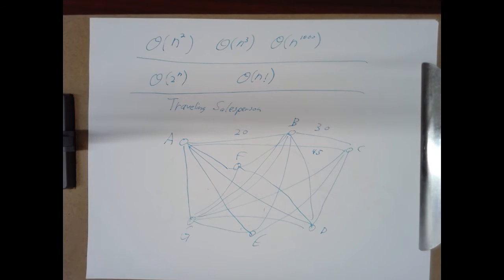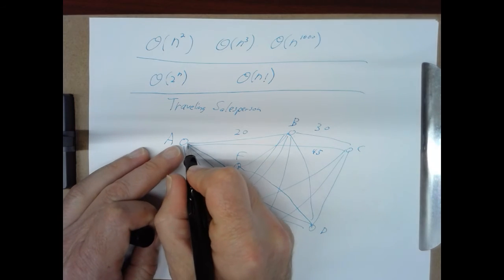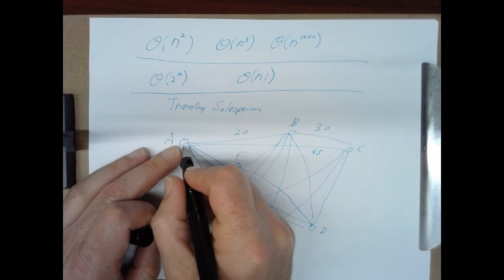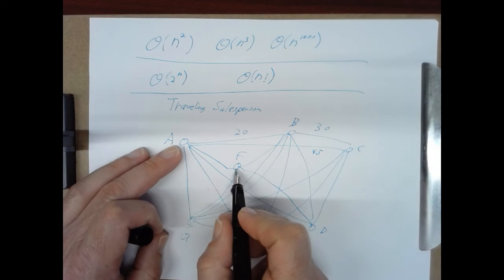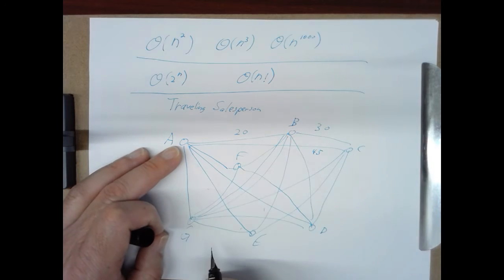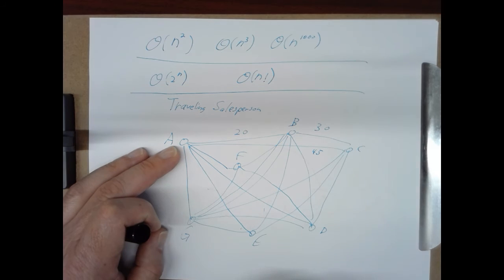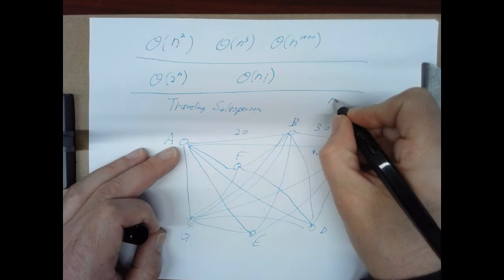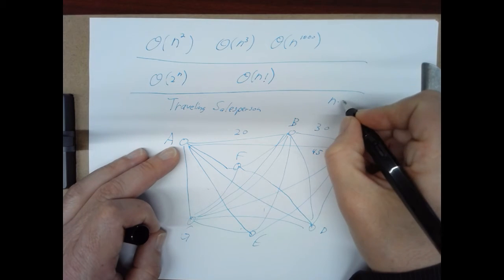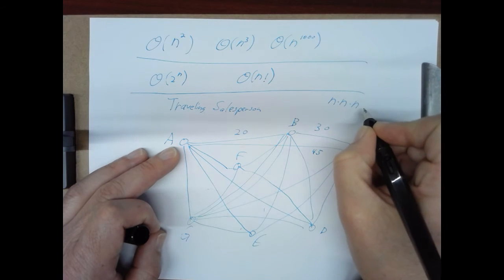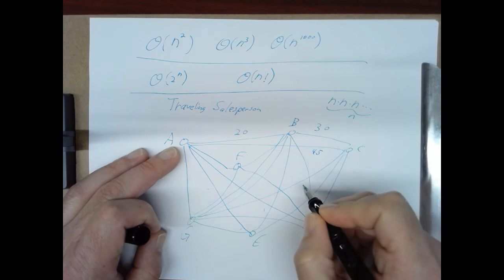But if we assume that there may be some reason in traveling from A to B to come back to A, because maybe from A to F is going to be a lot shorter than B to F, right? Then if we have n cities, or let's say n plus 1 cities, then our first move we have n options. Our second move we have n options. Our third move we have n options, a total of n times.